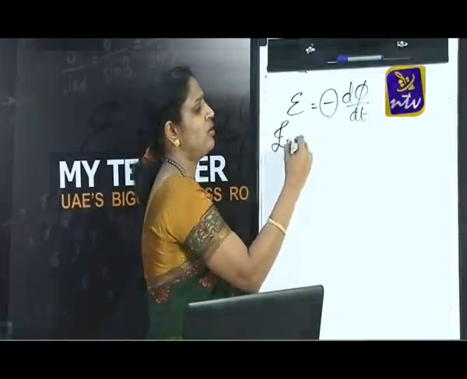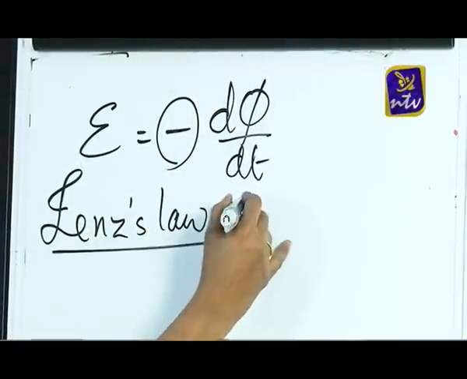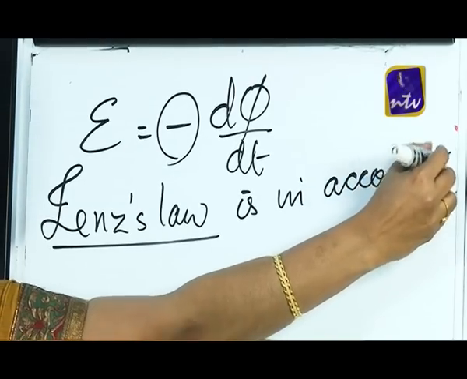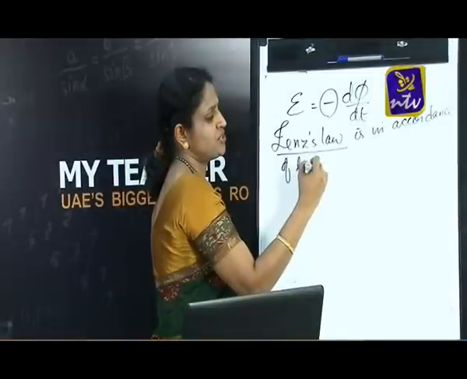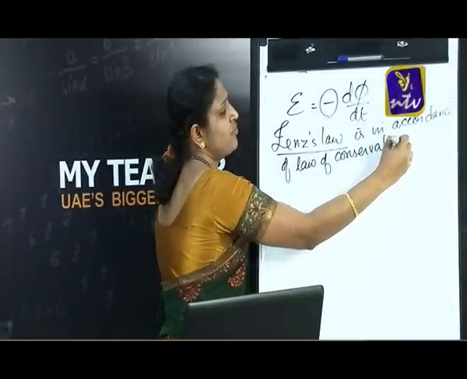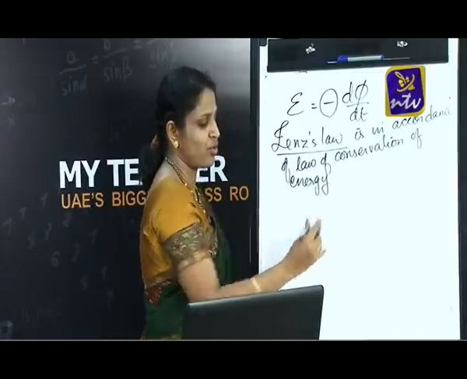Lenz's law gives an explanation for this. Lenz's law is in accordance with the law of conservation of energy. According to the law of conservation of energy, energy can neither be created nor be destroyed.